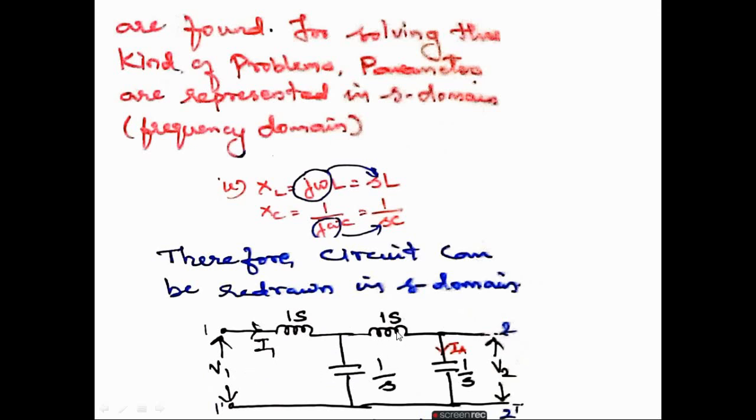Here, 1S into 1 by S divided by 1S plus 1 by S gives the equivalent of this combination, and adding this 1S to that gives the total impedance.